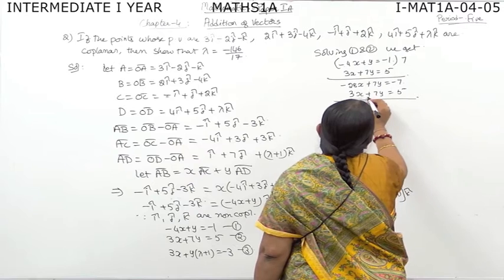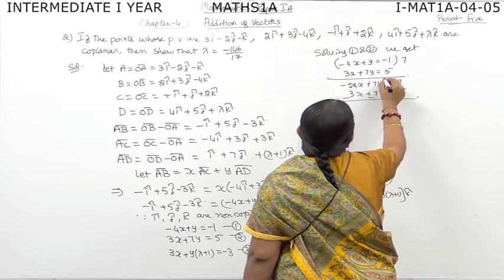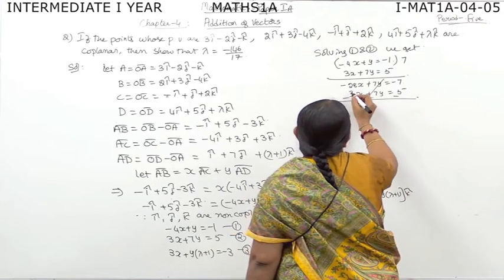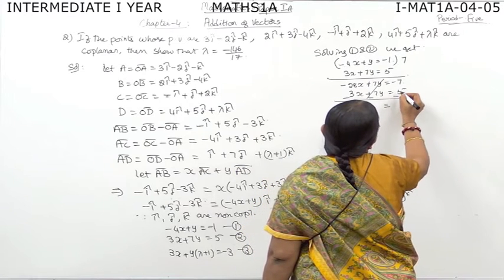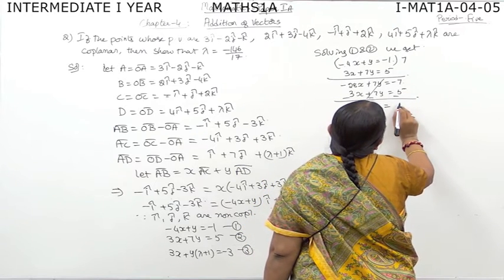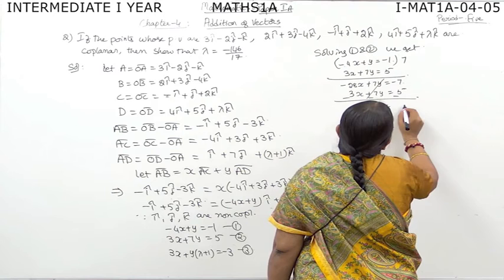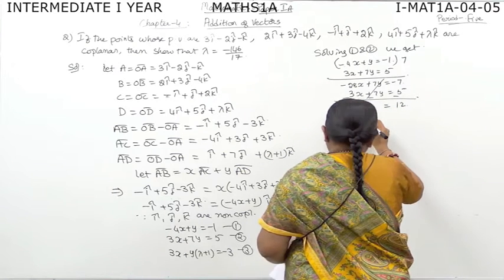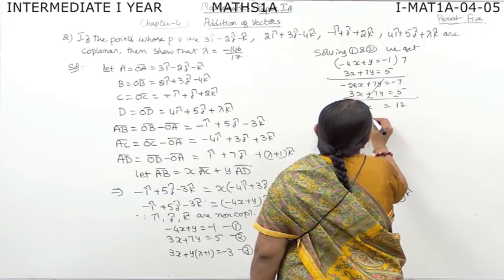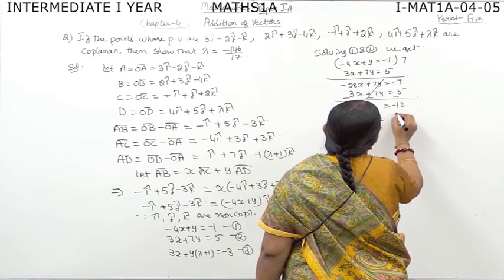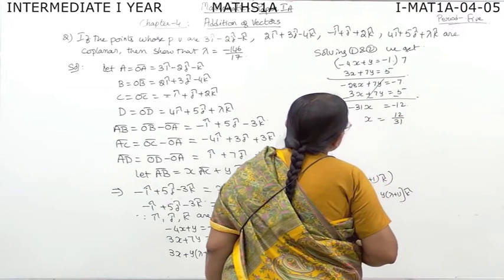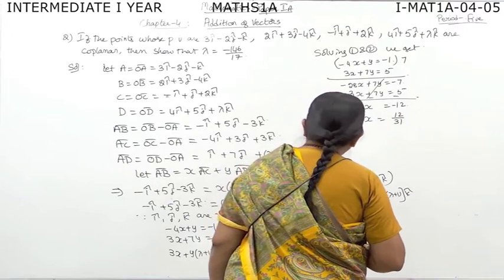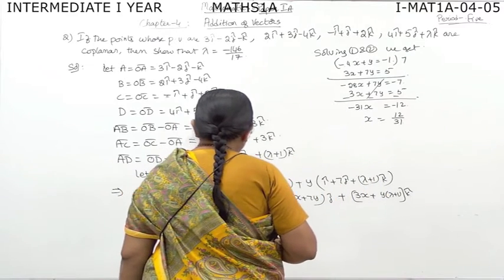Now we'll subtract, so the y terms get cancelled. 31x is equal to 11... So we get x as equal to 12 by 31.